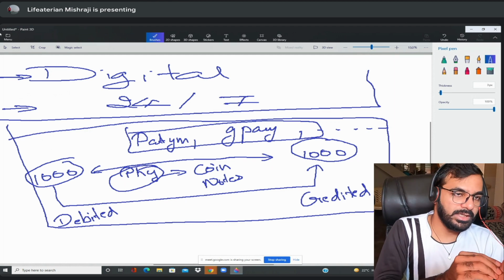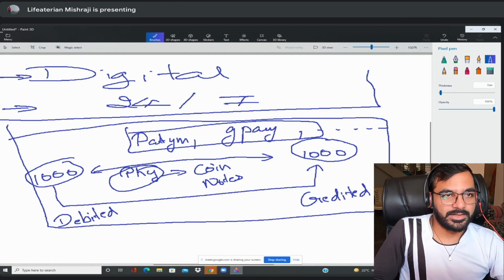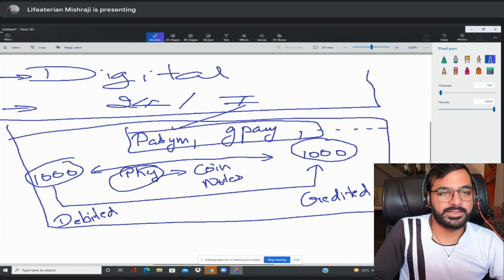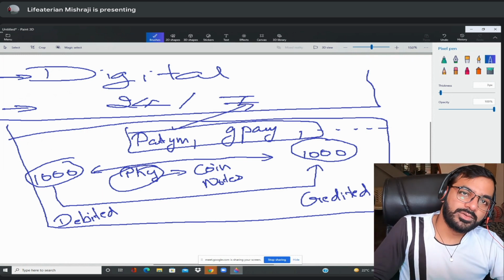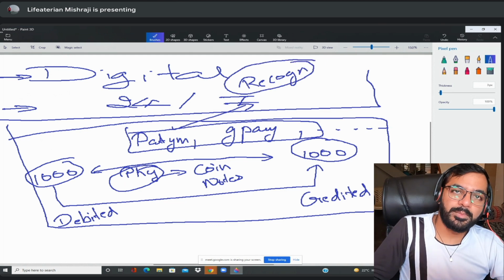Now one more advantage here is, we will go into cryptocurrency in a minute or so. What is an advantage here? Two things. First and foremost, this is recognized. You can use this in any part of the world.